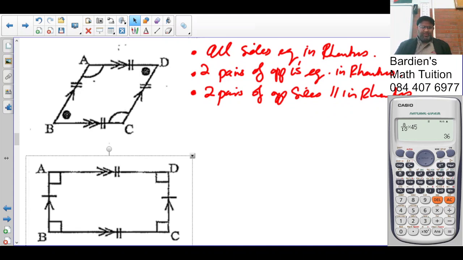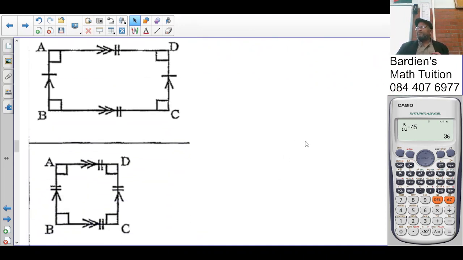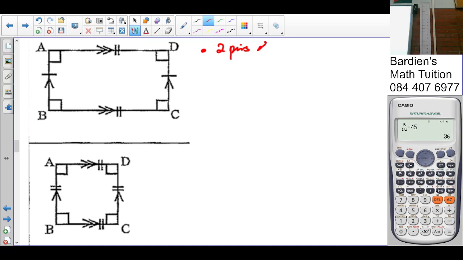Okay, so the next shape is a rectangle. What is the first one of the properties of the rectangle? The first one: two pairs of opposite sides equal.